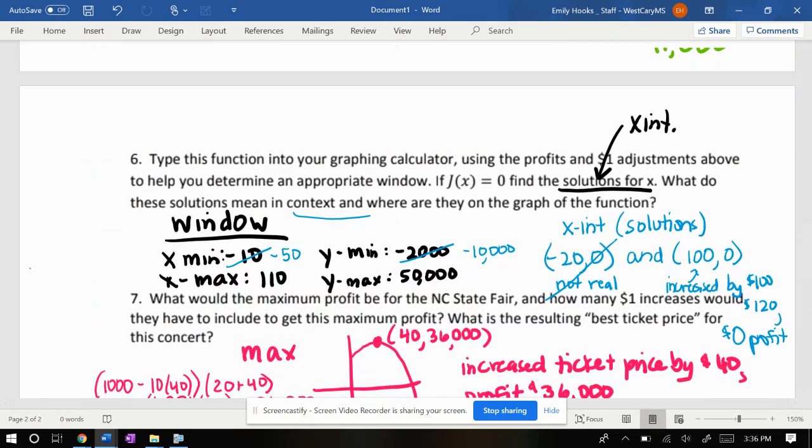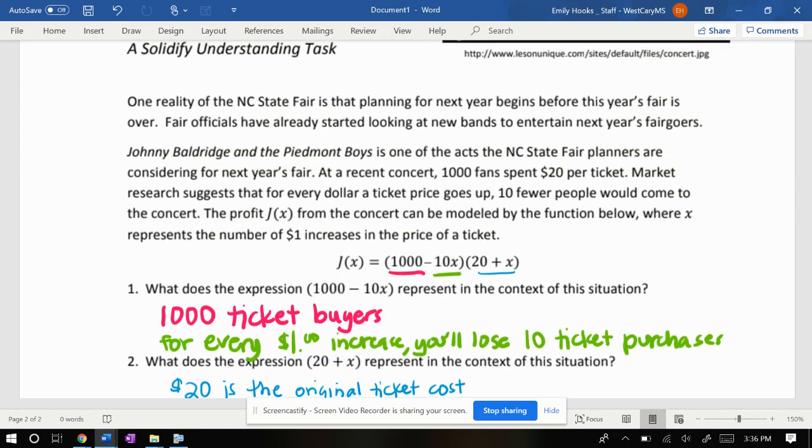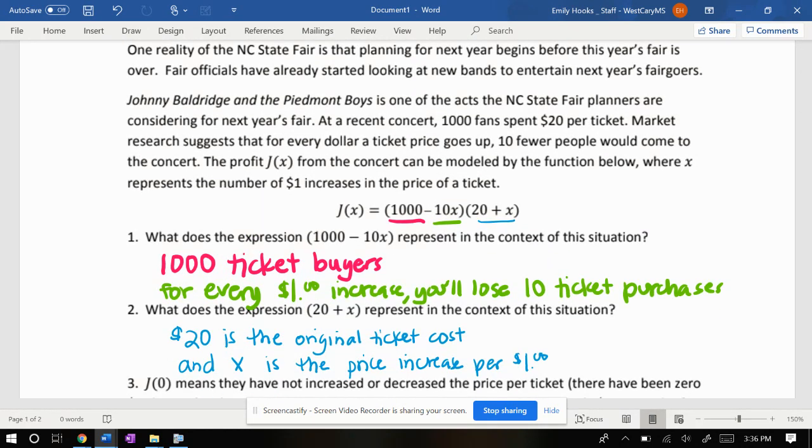I do want to talk about, let's go back up to Johnny, because I don't think that we said this, that Johnny was in factored form, and factored form immediately gives you your x-intercepts. And it also gives you where your axis of symmetry is, because you know the axis of symmetry is going to fall between those 2 points.